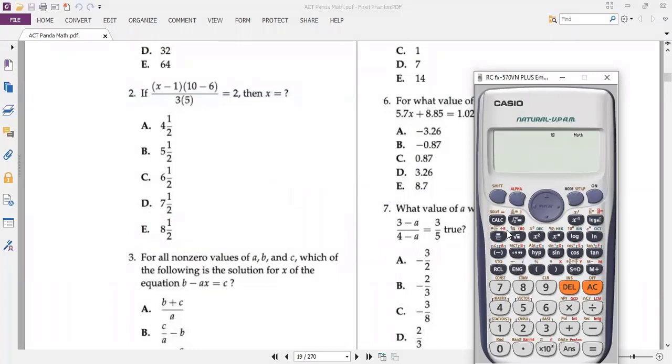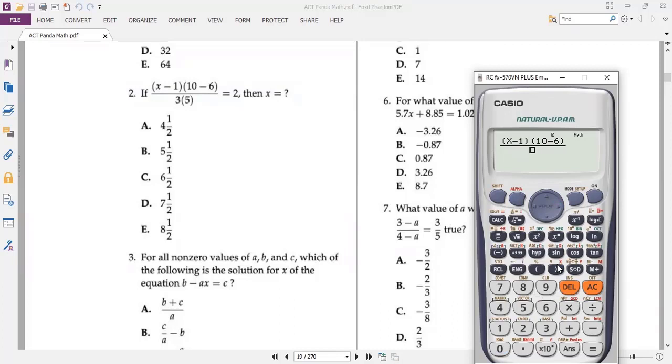Using the calculator here, how do we solve it? Just write a fraction. Put 2 parentheses in the numerator, like he wrote it exactly. Just write alpha x minus 1, then 10 minus 6.